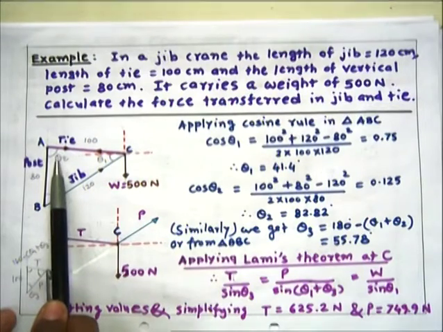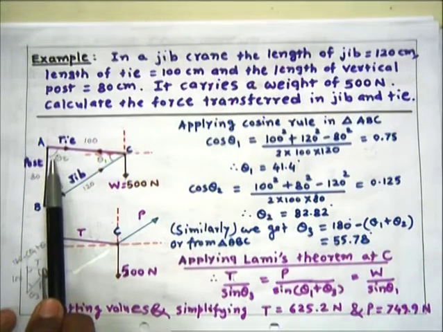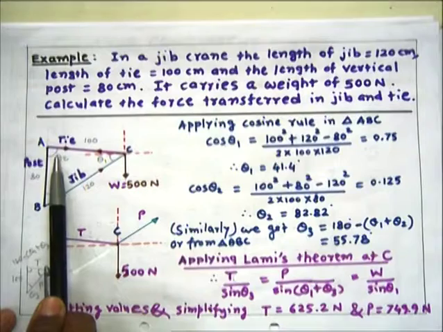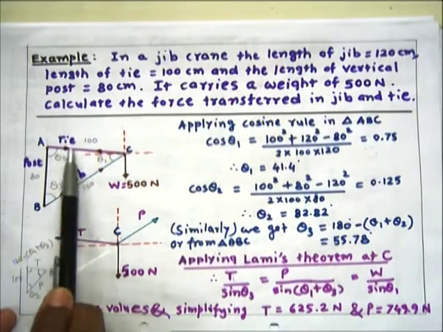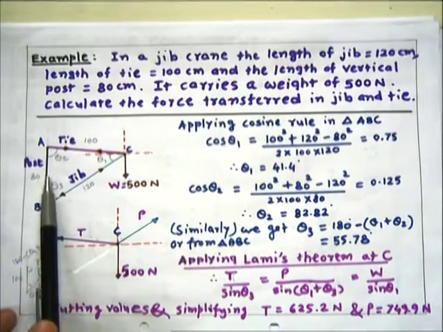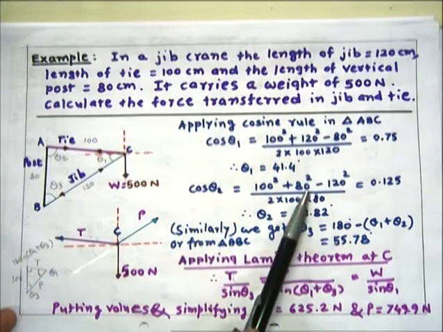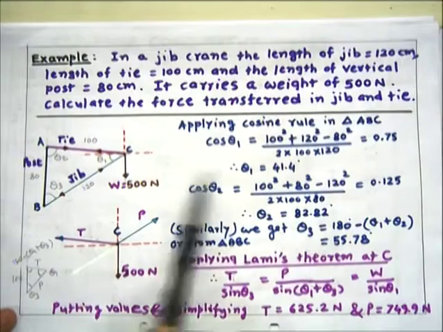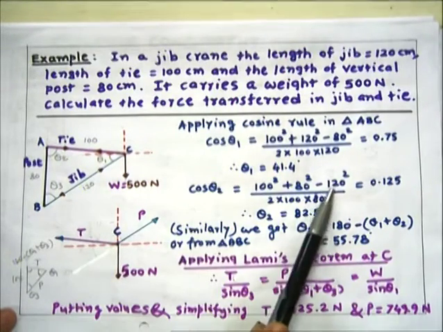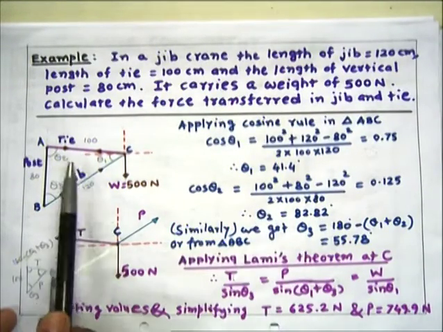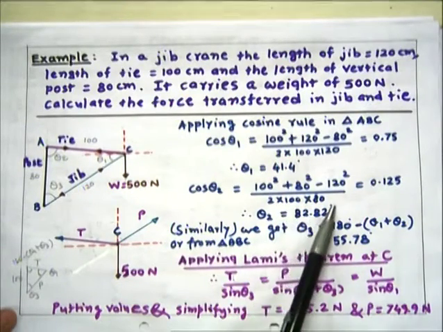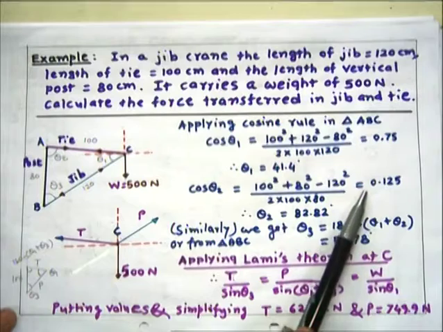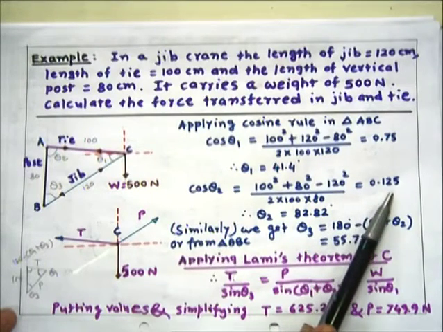Same way for cos theta 2, applying the cosine rule, we will have cos theta 2 equal to 100 square, that is the square of this, plus the square of this, 80 square, minus the square of this, 120 square, divided by 2 times this into this. So 2 into 100 into 80, which gives cos theta 2 equal to 0.125.